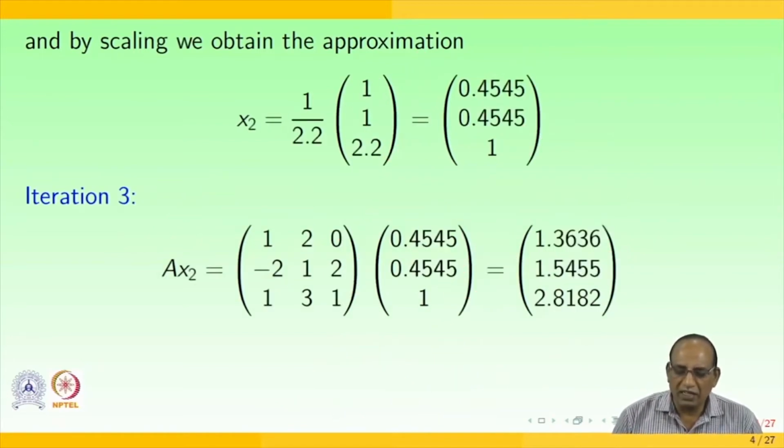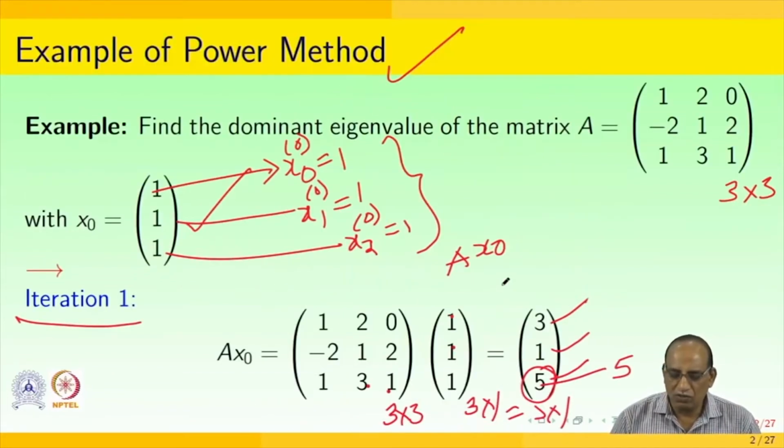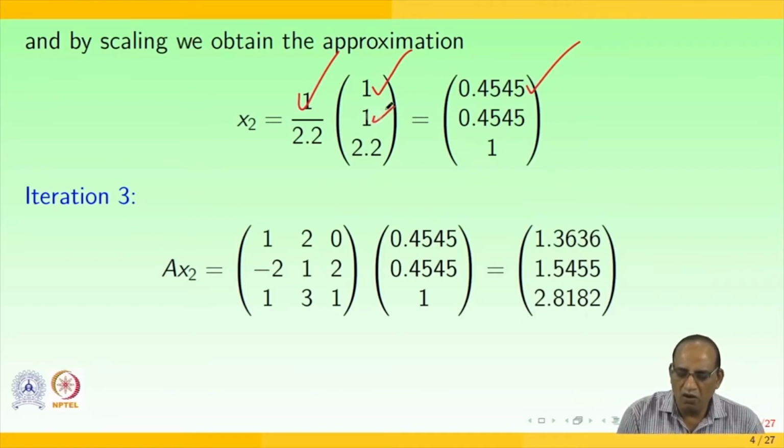By scaling, you see here the largest value is 2.2, so you divide with 2.2. When you divide with 2.2, 1 over 2.2 is 0.4545, and again 0.4545, and 2.2 divided by 2.2 is 1.